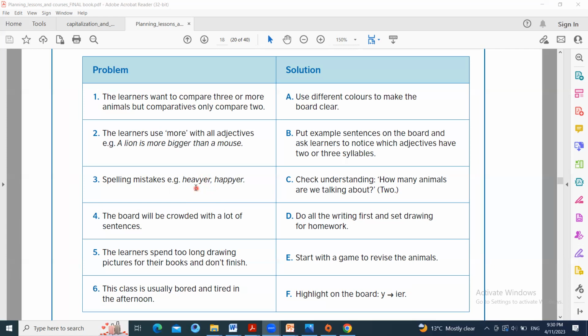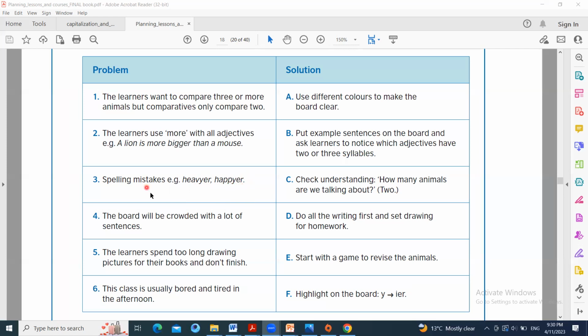But in case the vowel precedes the Y, here we just add ER. Here it's preceded with what? P. So that means Y should be changed into what? Into I, and then we add ER.